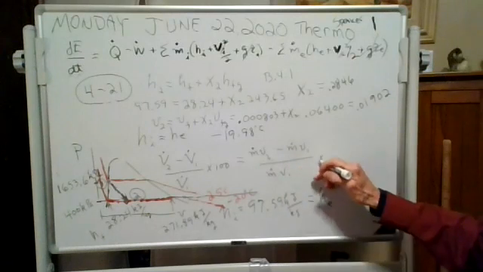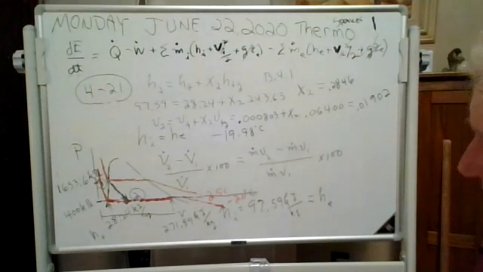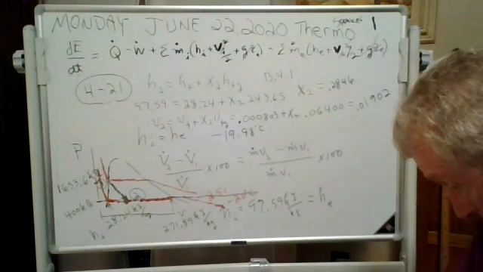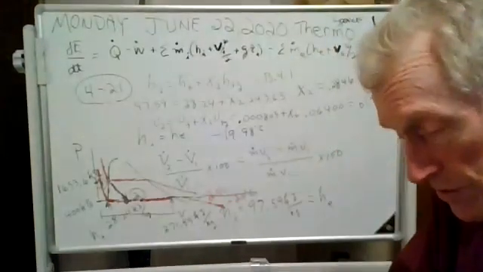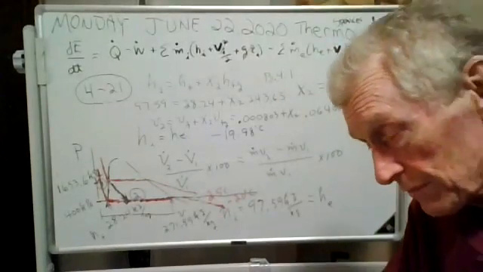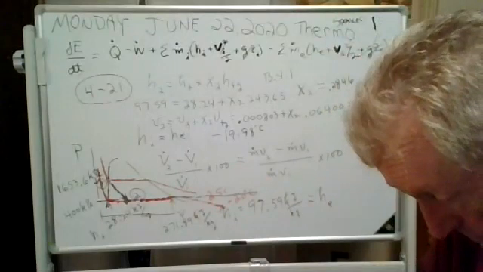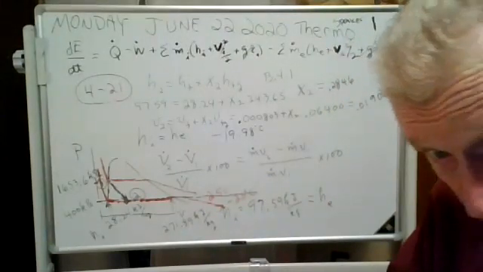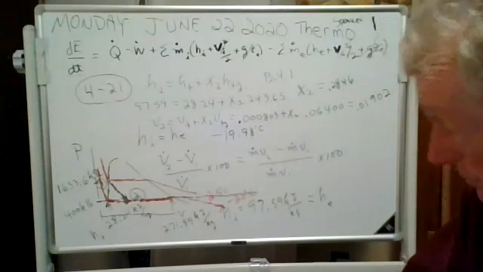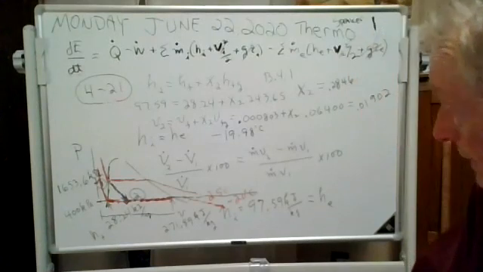Oh, don't forget times 100 to get the percentage. Hey, you know what? The m dots are all the same. They don't have an m dot i and an m dot e on this because they're the same. You got to have the same mass flow rate going in and the same mass flow rate going out. Else, if they had more coming in than out, it'd blow up. Don't want that to happen.